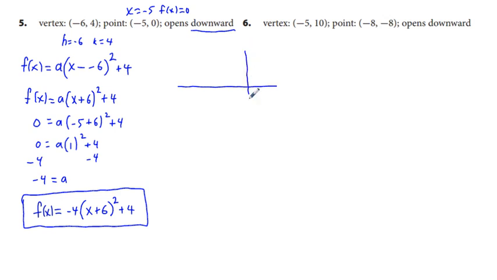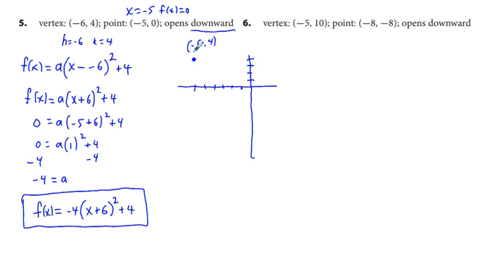And just to add on to suggest what this is, draw an xy coordinate plane. So we have a vertex at 1, 2, 3, 4, 5, 6, and then up 4. So that's our vertex at -6, 4.